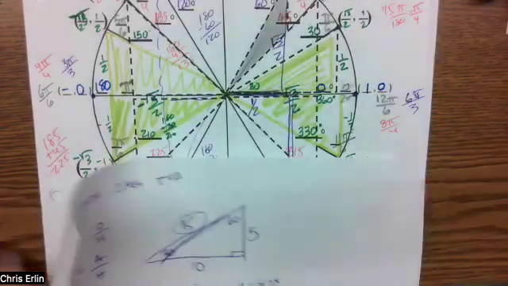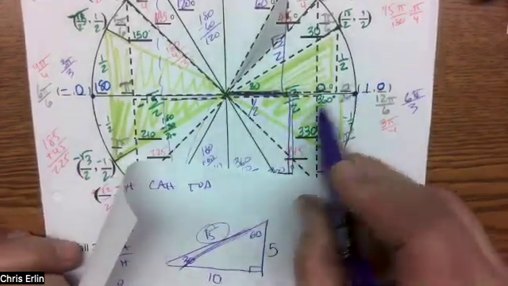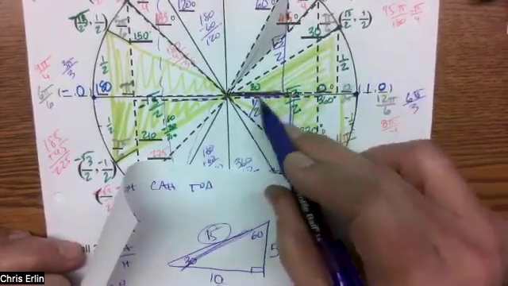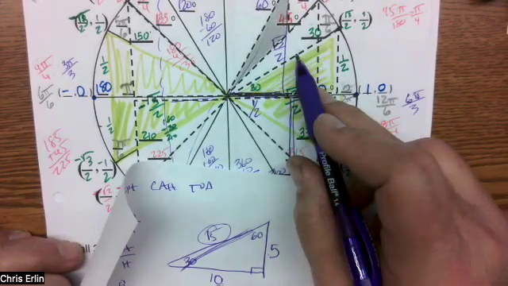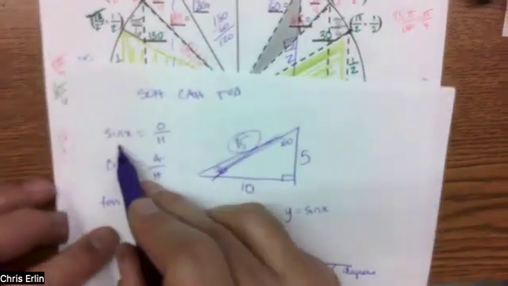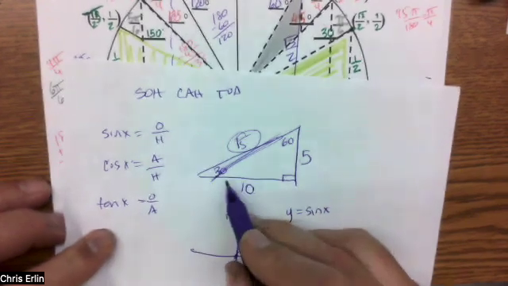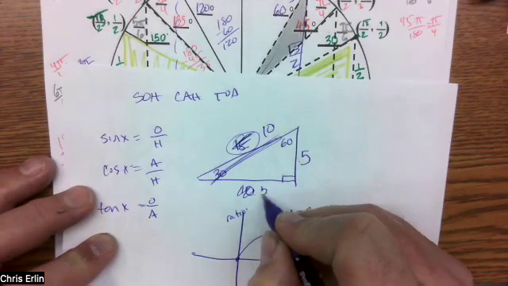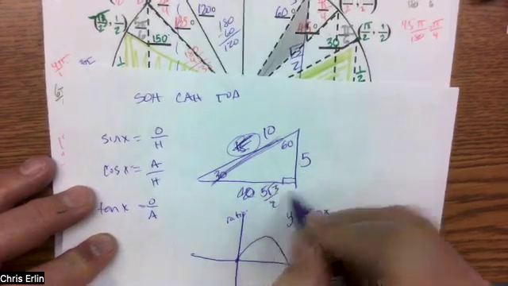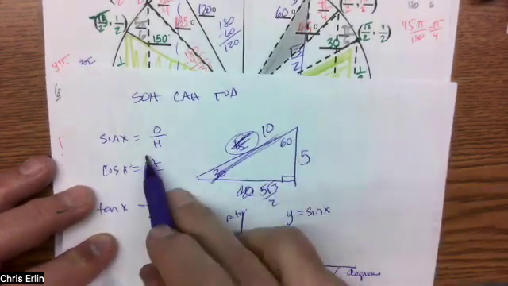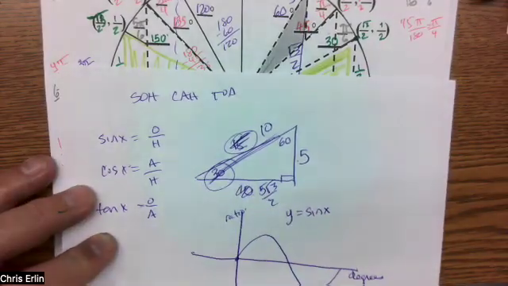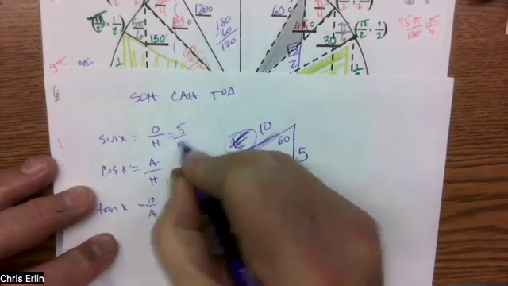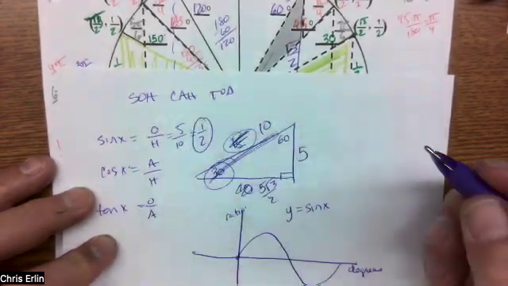If I look at my circle here, sine, first of all, is opposite over hypotenuse, right? We just said that sine is the opposite over the hypotenuse. So let's put the sides in the way we know they are. So what would be the sine of this 30 degrees? 5. Good. So this would equal 5 over 10, which I could reduce to 1/2.